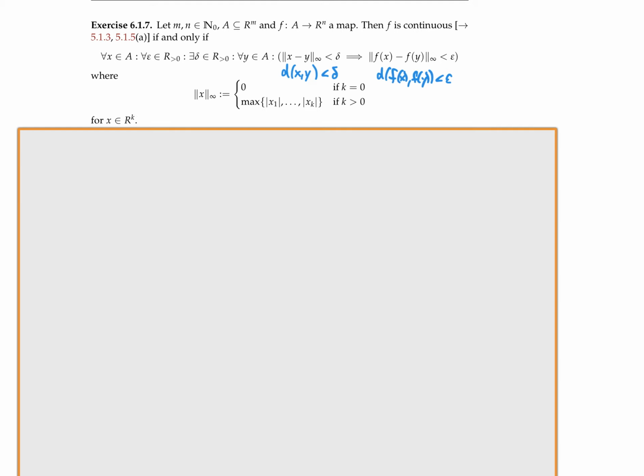But you have to be careful, because at that time I had epsilon real and delta real. That was just because a metric is real valued.